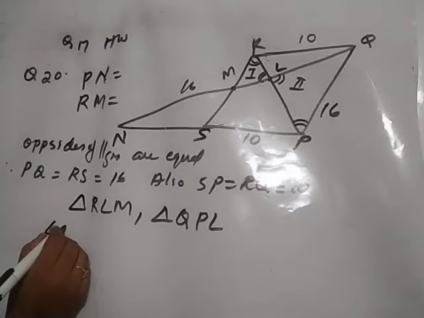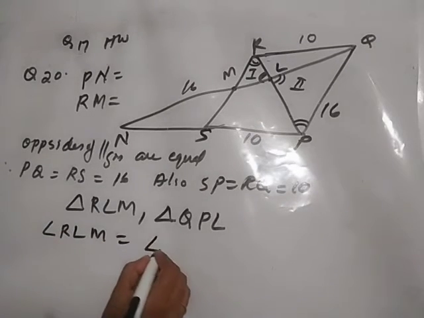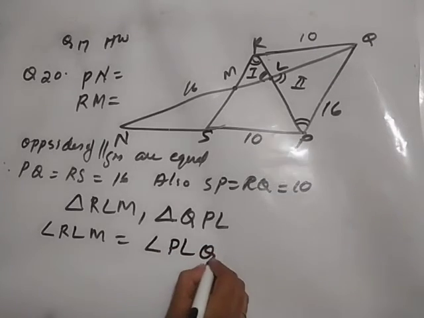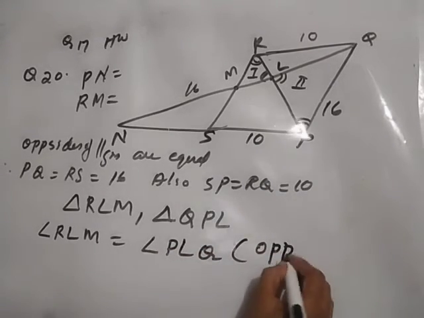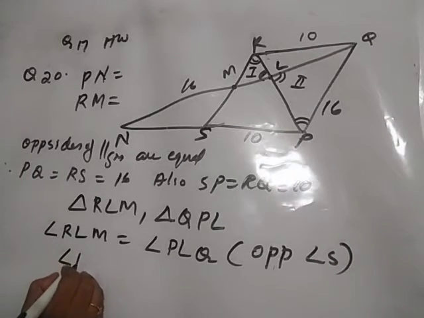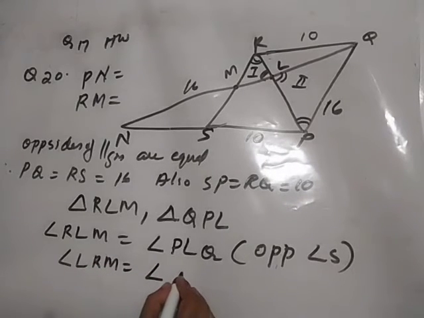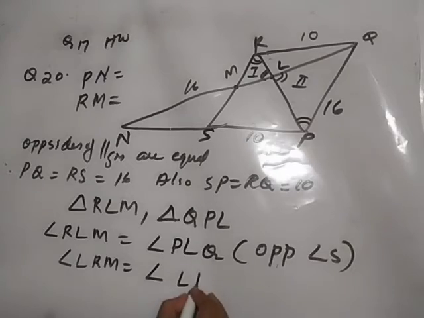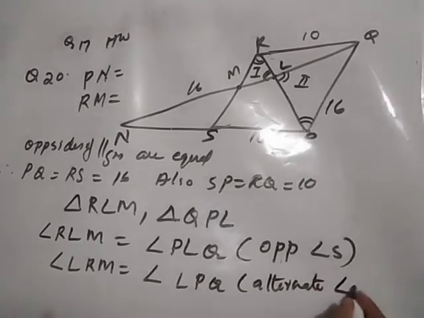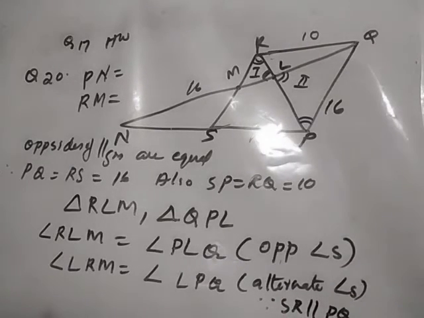Angle RLM is equal to angle PLQ. Reason, opposite angles. Similarly, angle LRM is equal to angle LPQ, alternate angles, since RS is parallel to PQ.